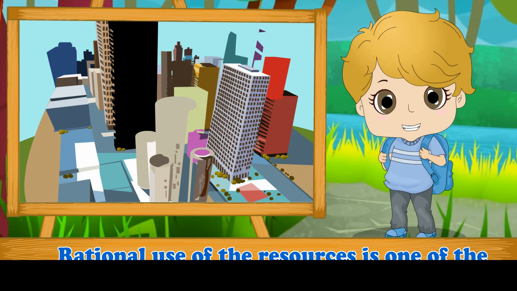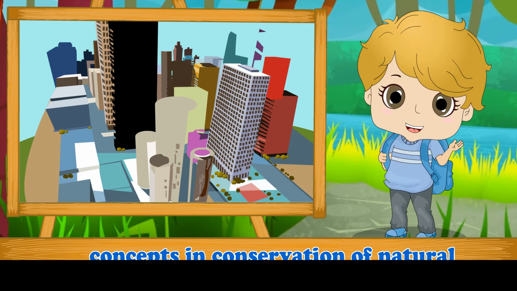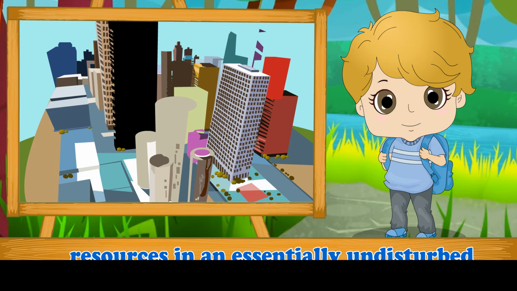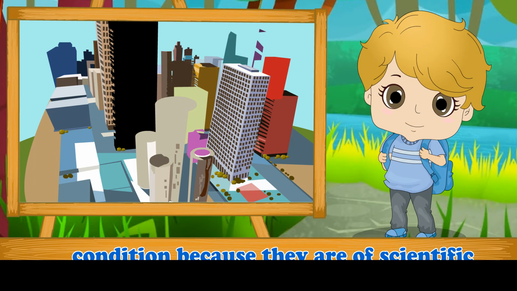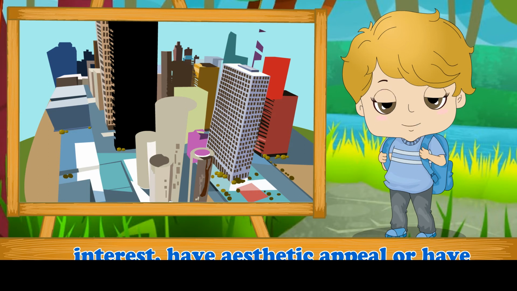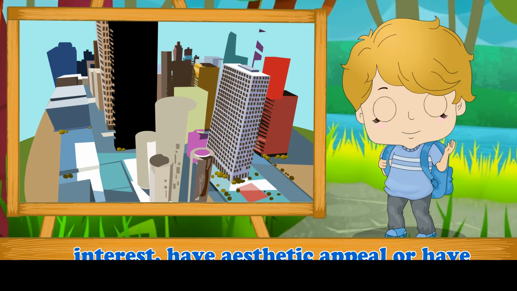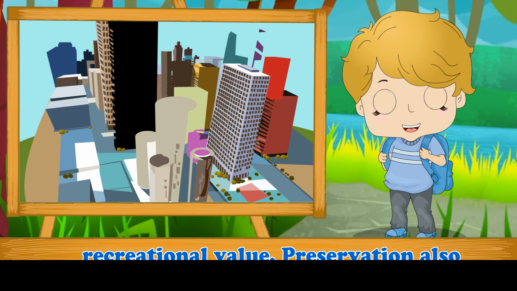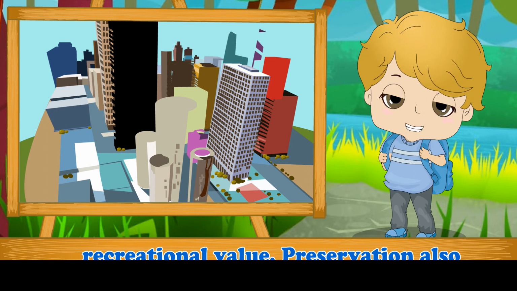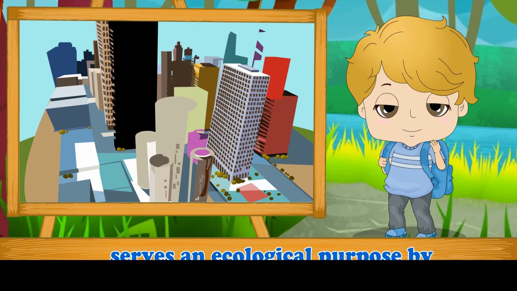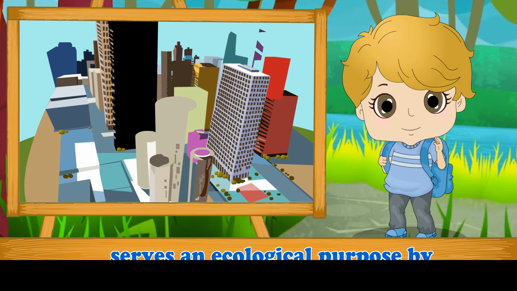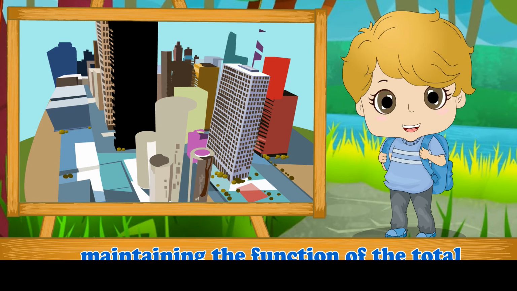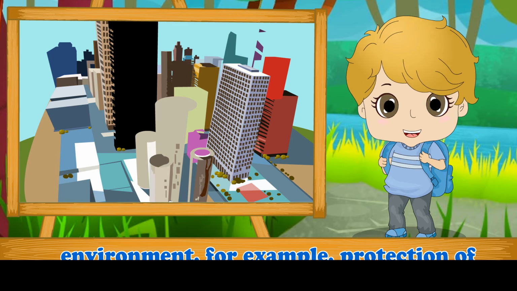Rational use of the resources is one of the concepts in conservation: keeping natural resources in an essentially undisturbed condition because they are of scientific interest, have aesthetic appeal, or have recreational value. Preservation also serves an ecological purpose by maintaining the function of the total environment.